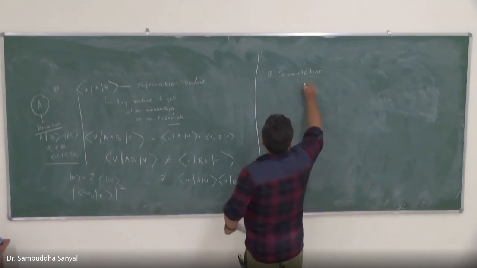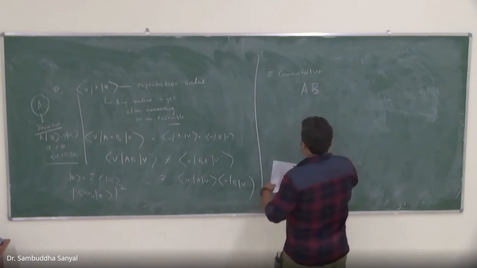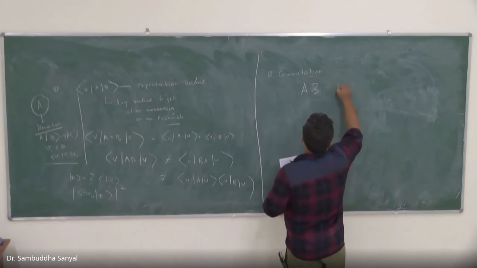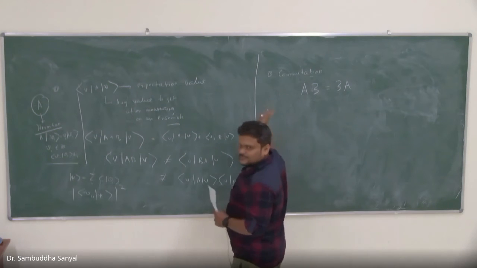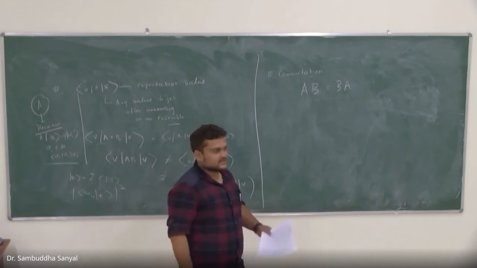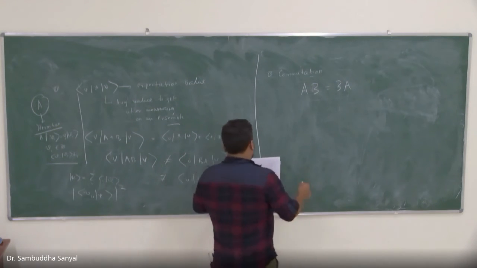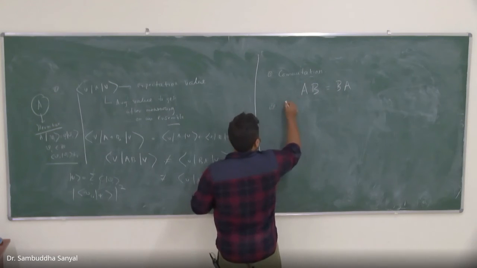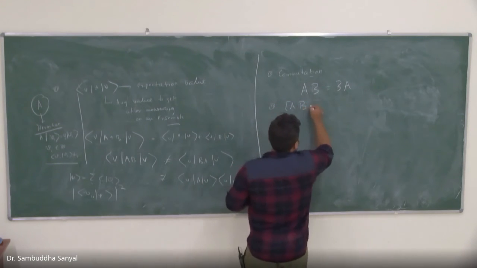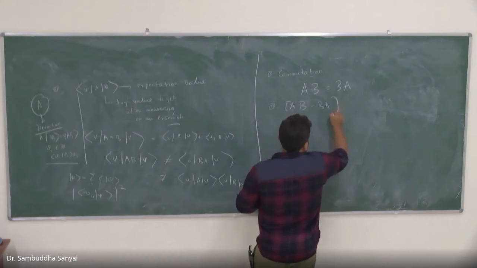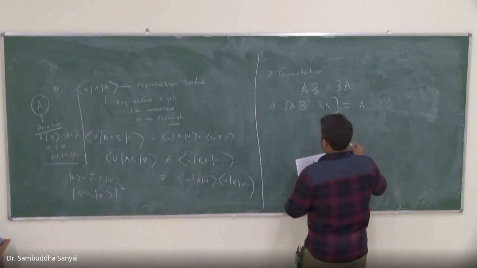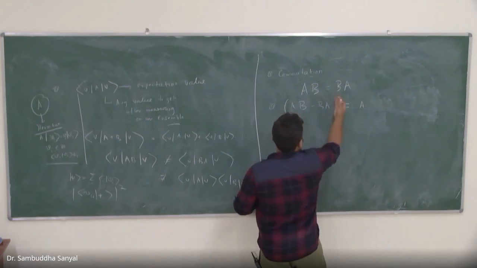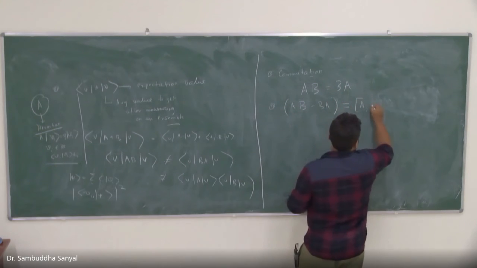So, the first thing is commutation. Commutation means AB is equal to BA. This is just a name of this property. If that happens, it's called commutation. We'll see why it is important. The second thing is another object called commutator. It is just AB minus BA, usually referred to as [A, B].